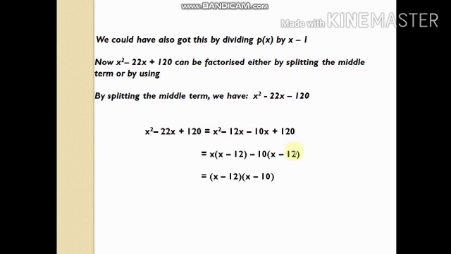Then we will make groups and we will take common. So another two factors are x minus 12 and x minus 10. So the three factors of this cubic polynomial are x minus 1, x minus 10 and x minus 12. Always remember, student, the number of factors depends upon the degree of the polynomial.